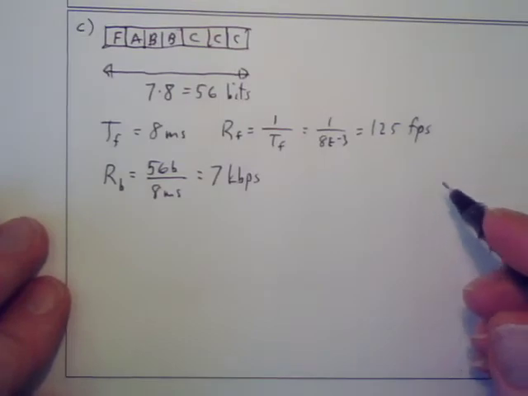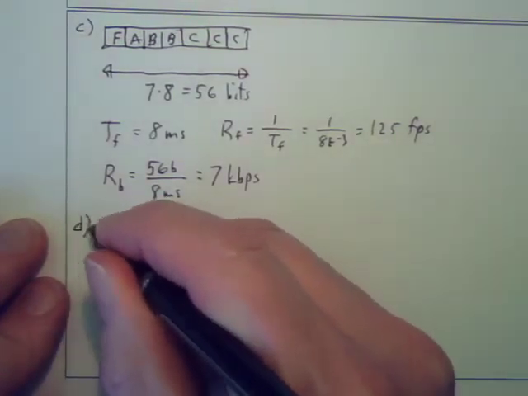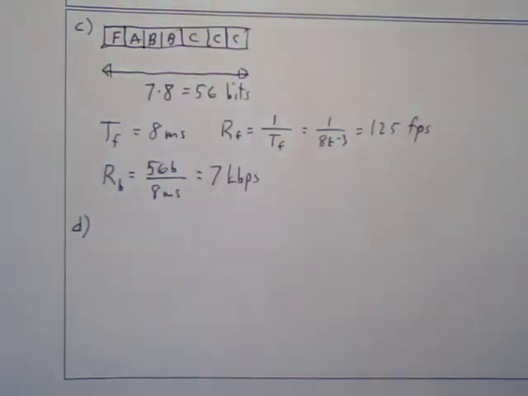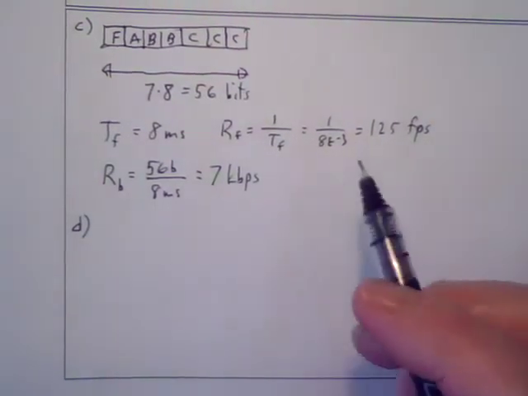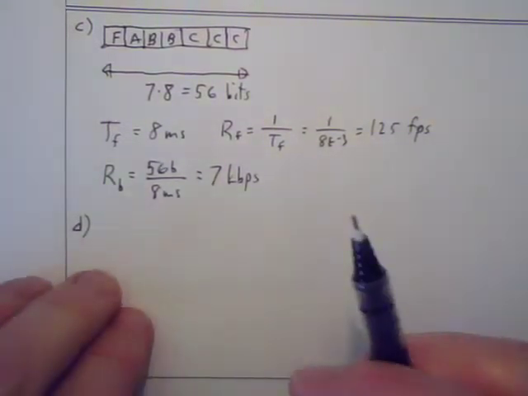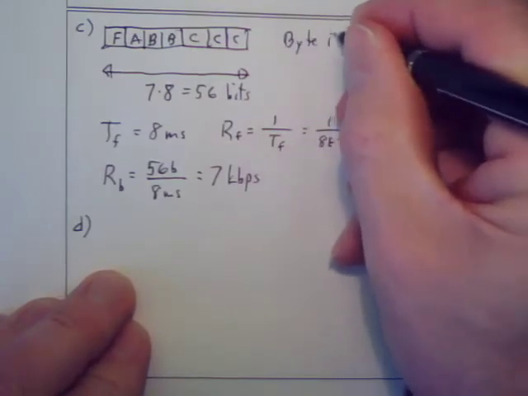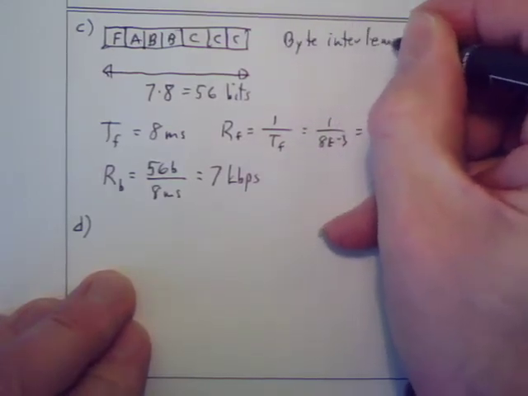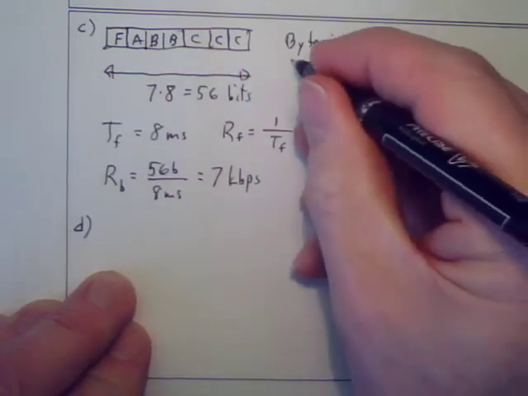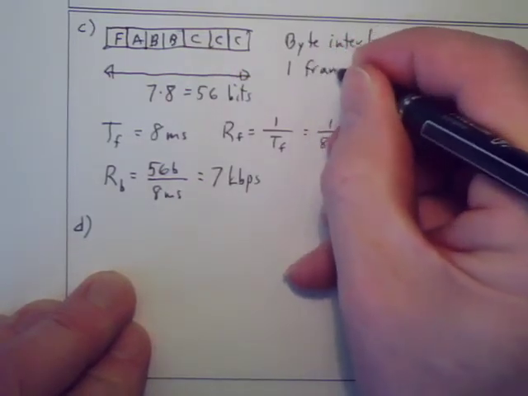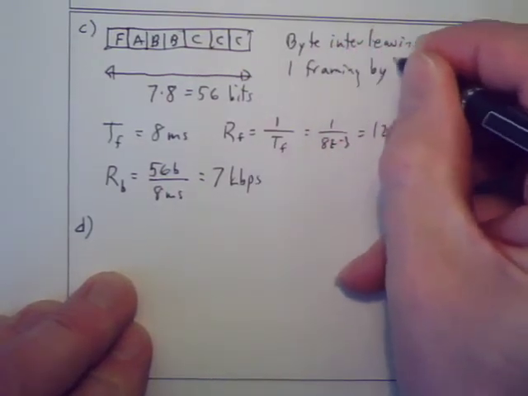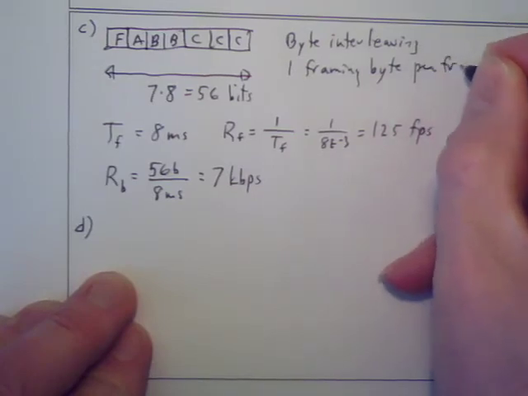Finally, part D is a little bit different. We're going to do bit interleaving, with one framing bit per frame. Part C was byte interleaving with one framing byte per frame.